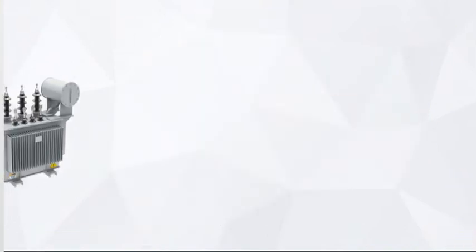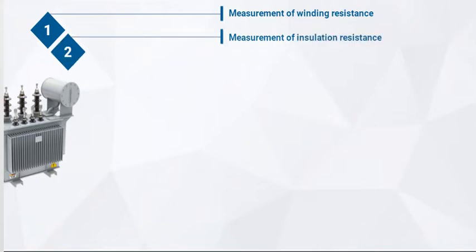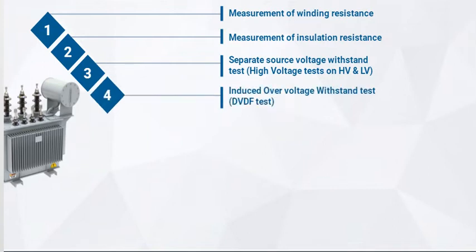Routine tests are carried out on each job and can be classified as follows. 1. Measurement of winding resistance. 2. Measurement of insulation resistance. 3. Separate source voltage withstand test, high voltage tests on HV and LV. 4. Induced over voltage withstand test, DVDF test. 5.